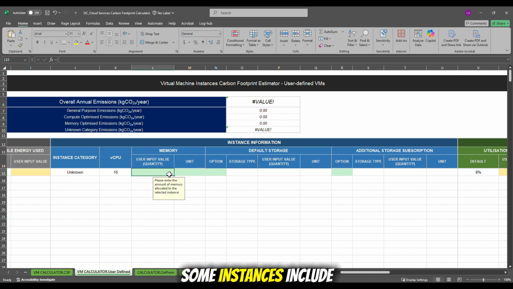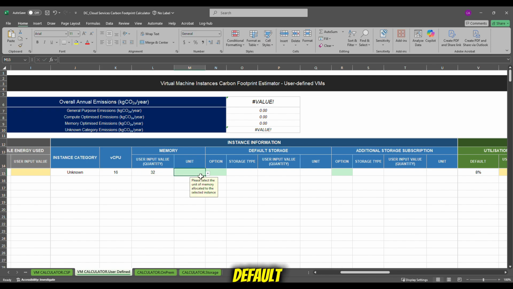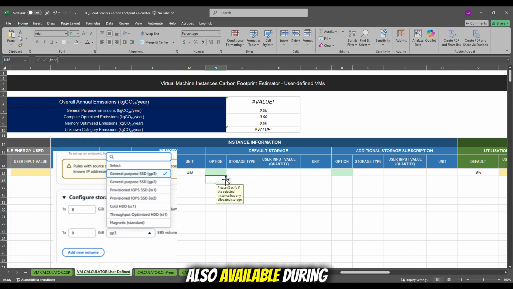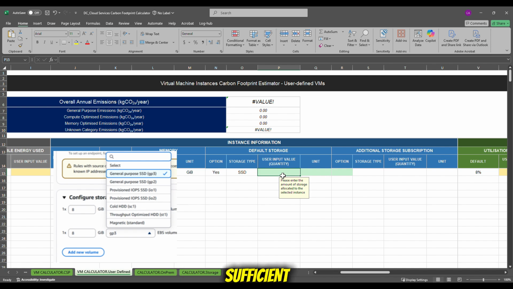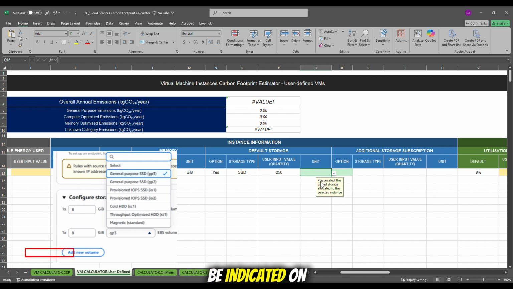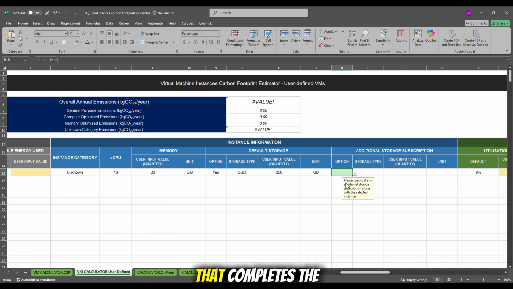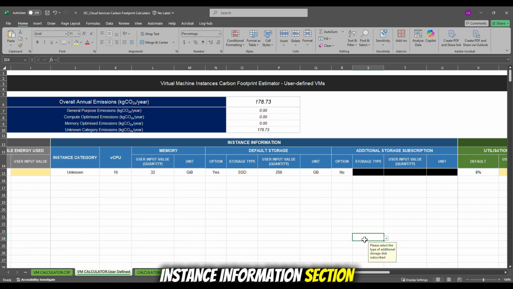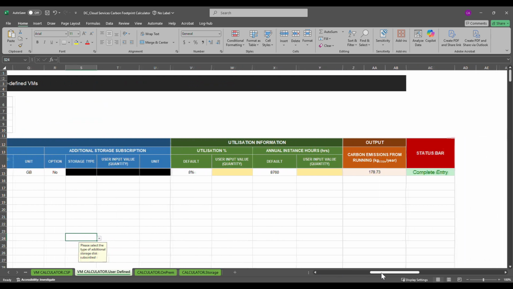Some instances include default storage by default. This information is also available during instance creation or on your dashboard. If the default storage isn't sufficient, you may have added extra storage, which should also be indicated on the dashboard. That completes the instance information section. Next, we'll move on to the utilization information.